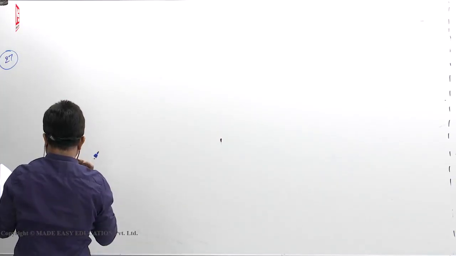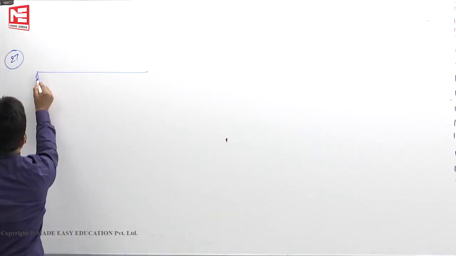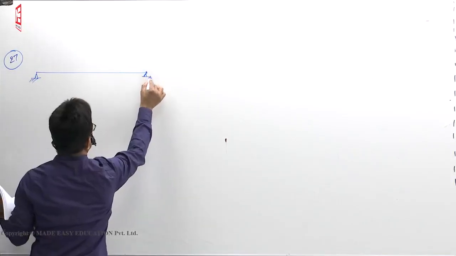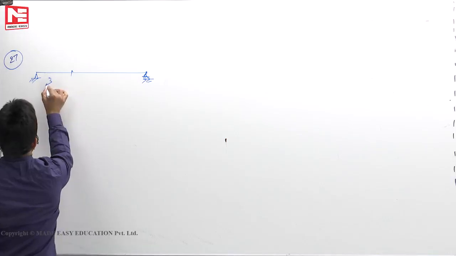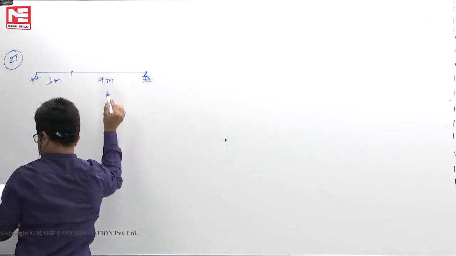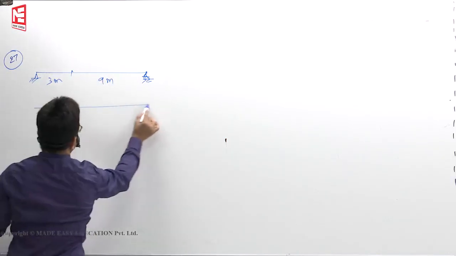The given figure shows a beam influence line for shear force and bending moment at section 1-1. Somewhere here 3 meters, 9 meters. ILD for shear force they have drawn.